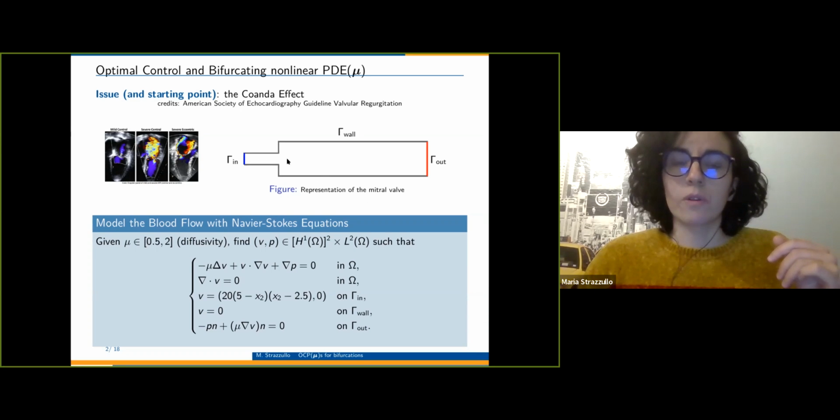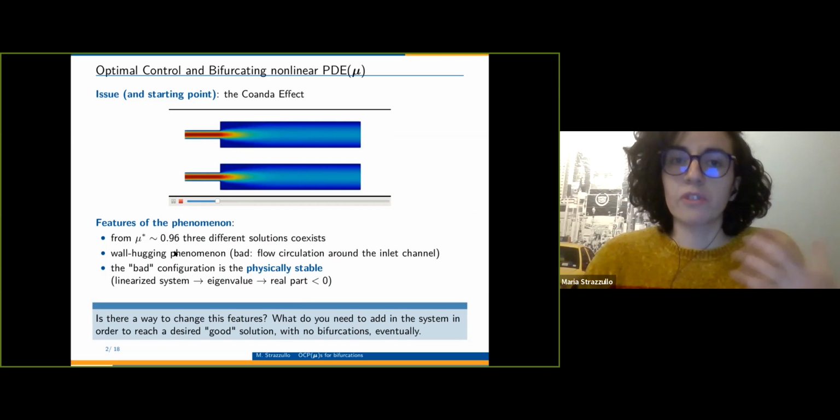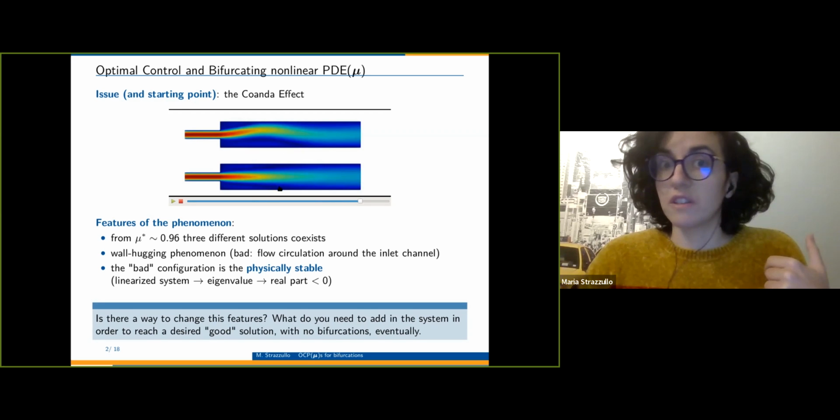You will have the flow going in here in the channel, going out on the right side of the channel, and then you have a homogeneous Dirichlet boundary condition on the walls. Great. But what happens if I simulate this problem for several parameters? As we can see in this movie, after this value of the parameter and for smaller parameters, two configurations arise and they coexist.